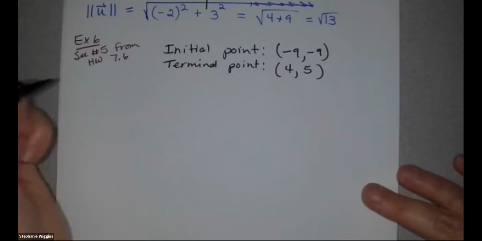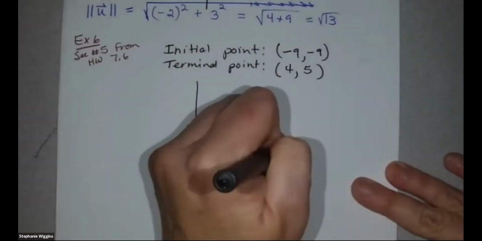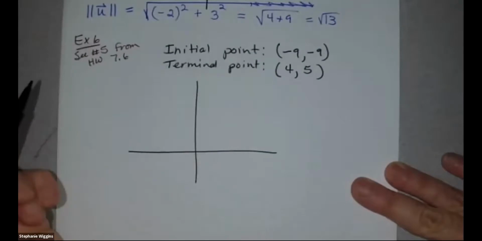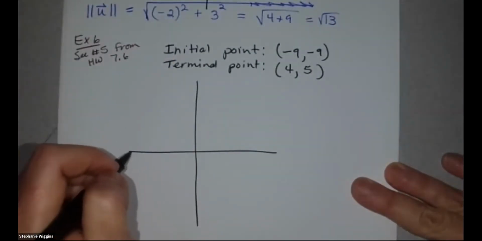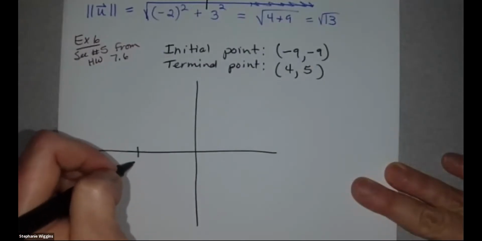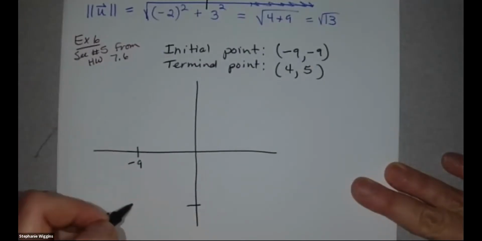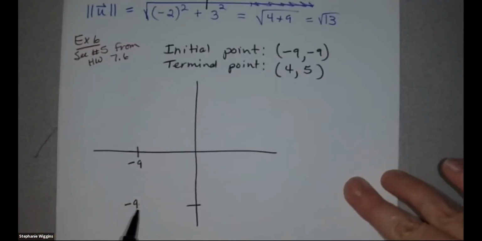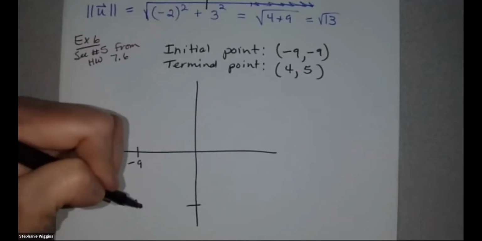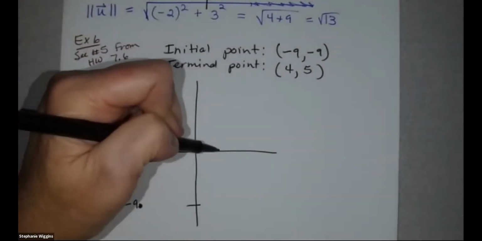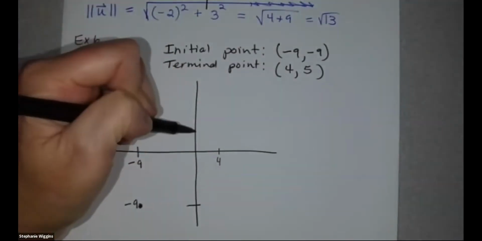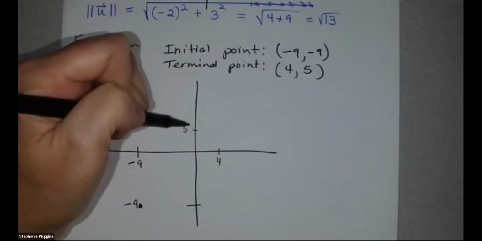So we're going to say, okay, so we have -9, -9. I'm just going to write it like this, -9, -9. And that's that point there. And then 4, 5, so it's going to be about here. Let's say this is 4, and this is a height of 5, let's say.